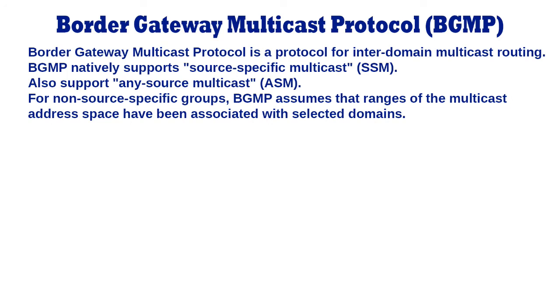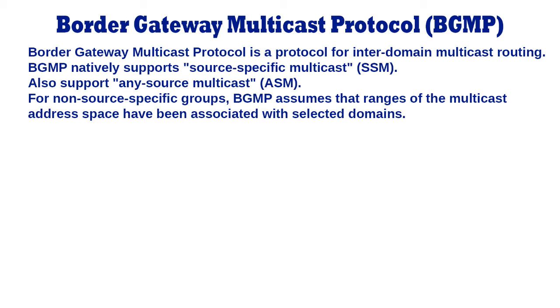For non-source-specific groups, BGMP assumes that ranges of the multicast address space have been associated with selected domains. Each such domain then becomes the root of the shared domain trees for all groups in its range.